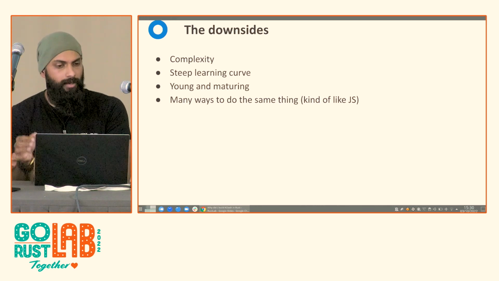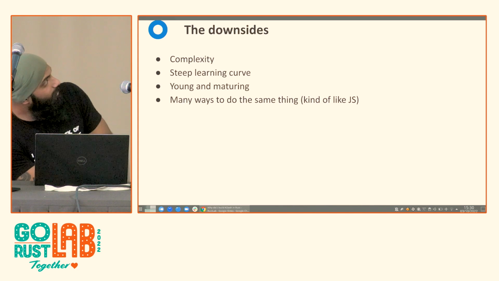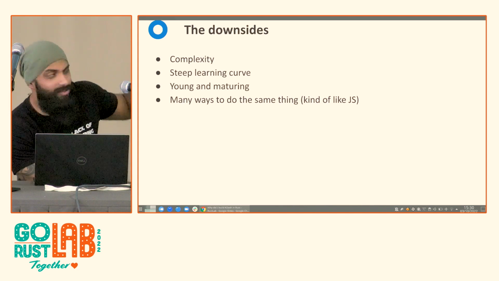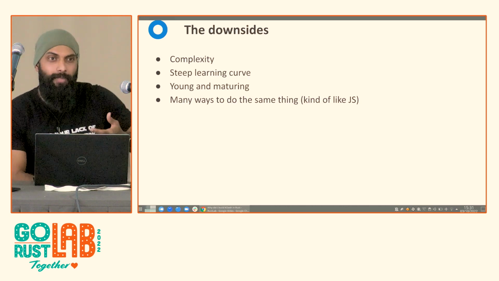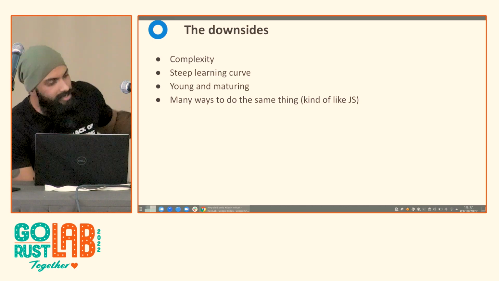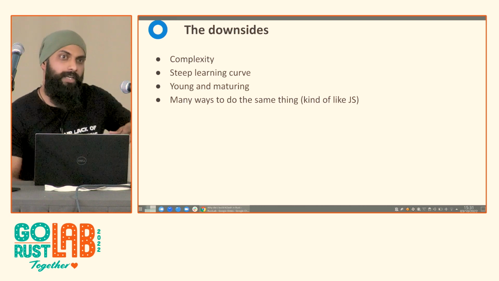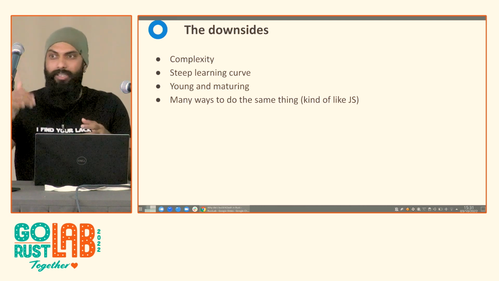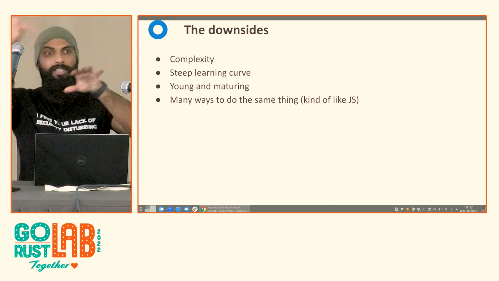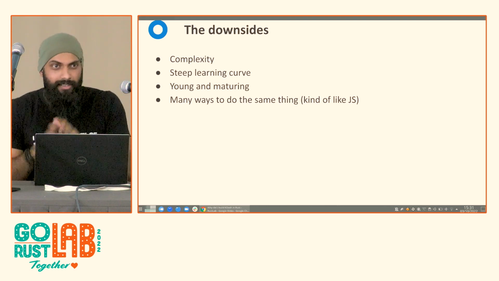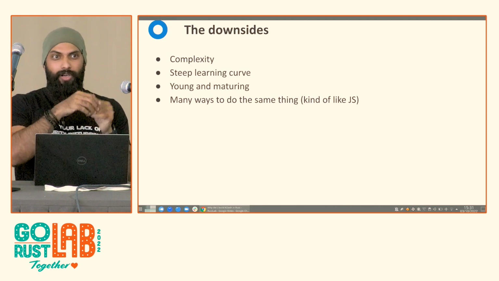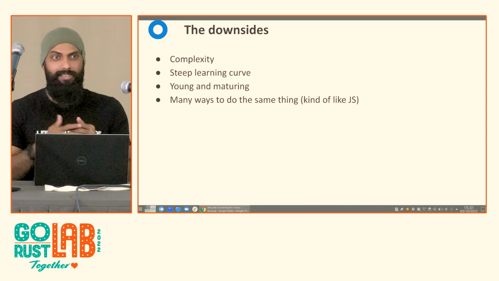Also, I'm not a fan of many ways to do the same thing, like in the Scala world, also in the JavaScript world. Of course, it doesn't matter because of the zero cost abstraction, but it is still a bit of a problem, especially if you're working in bigger teams, because everyone could write the same thing in a different way, and then you have to learn all these ways to understand that. That is one thing I like about Go, because there are not many ways to do the same thing. So if you're writing Go code, any Go developer can understand your code.